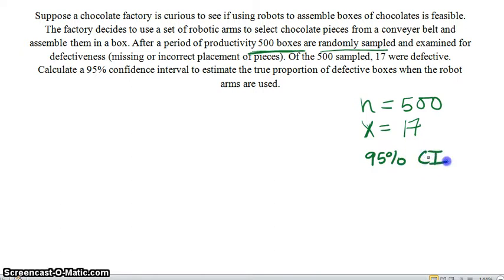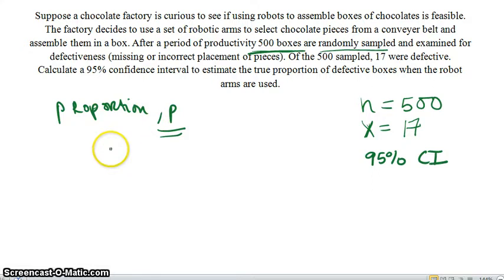Okay, so first, before we do any calculations, let's talk about some conditions that need to be met. We're talking about a proportion, so we want to estimate P, the true population proportion of defective boxes when robots are being used. This is our parameter that we are trying to estimate.